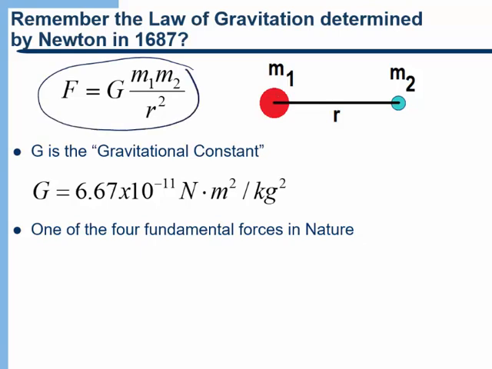And remember that in this formula, m1 and m2 are just the masses of the two objects, r is the distance between the centers, and big G is the gravitational constant. And we said that gravity is one of the four fundamental forces in nature. Remember that gravity is always attractive. So we never get repulsion when we're looking at gravity.